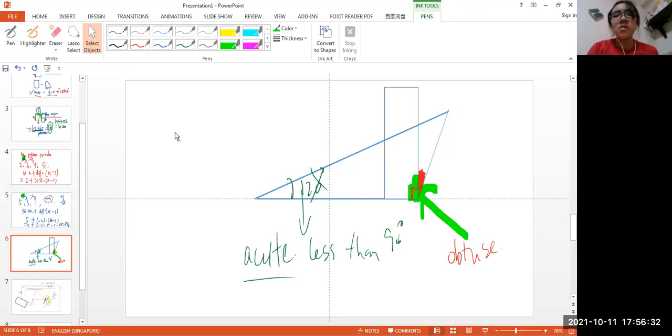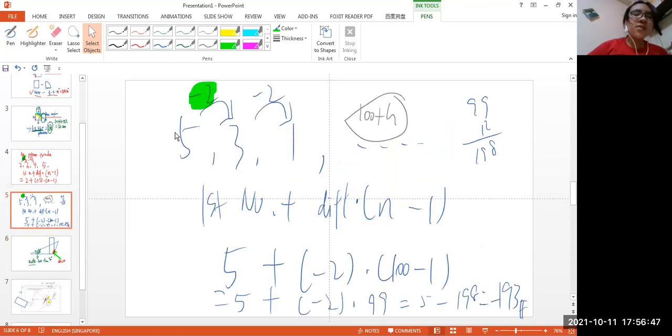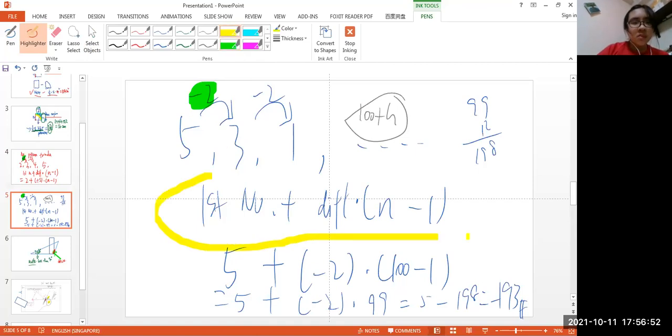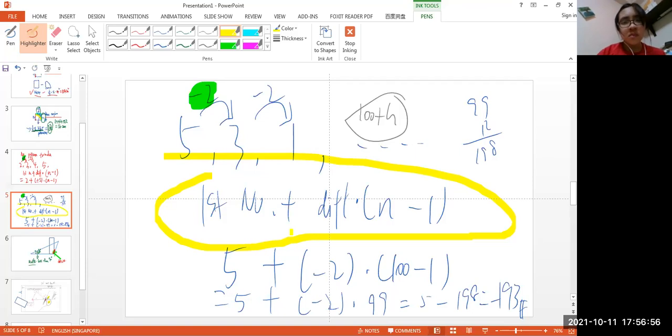First number plus bracket minus difference bracket times. Again. You better memorize the formula from today onwards. Okay? You go home and memorize, because tomorrow you're getting it. Are you clear now? Yeah.